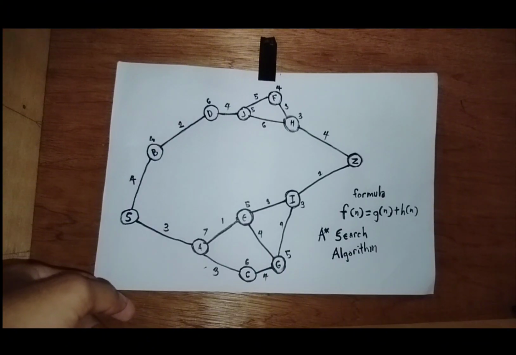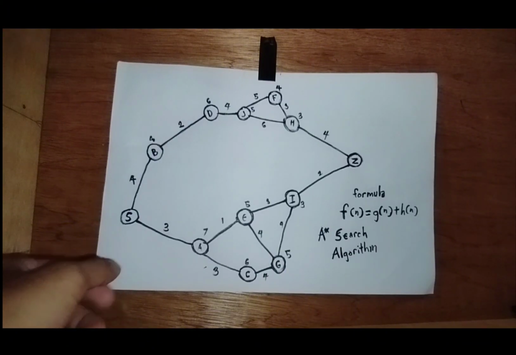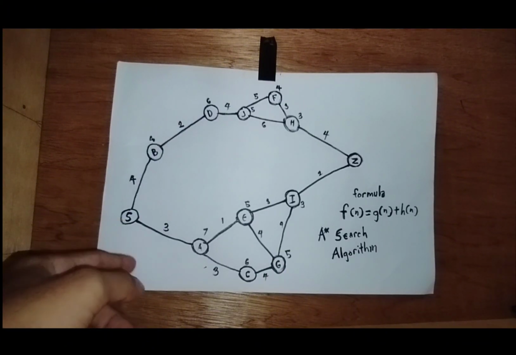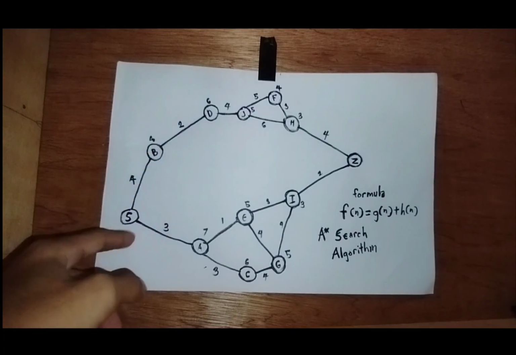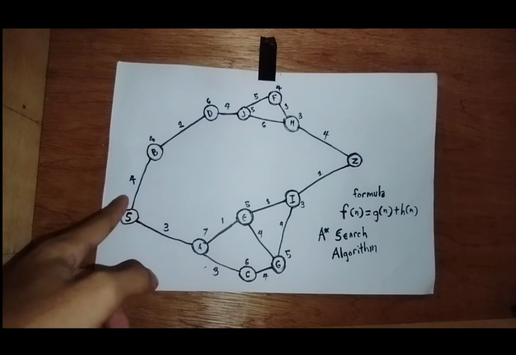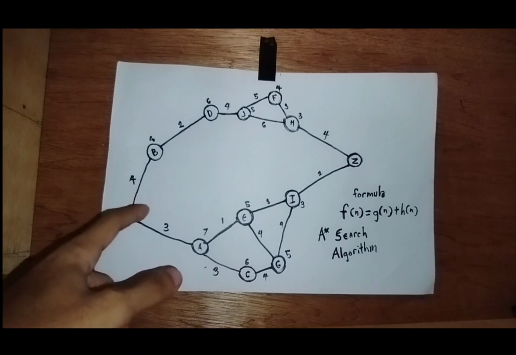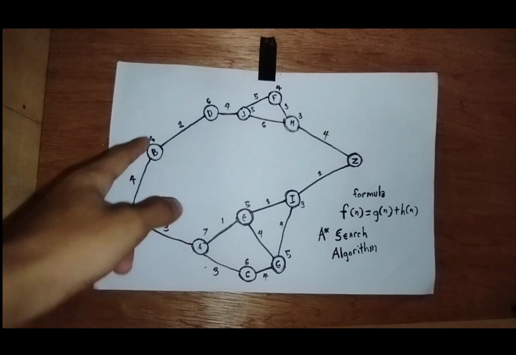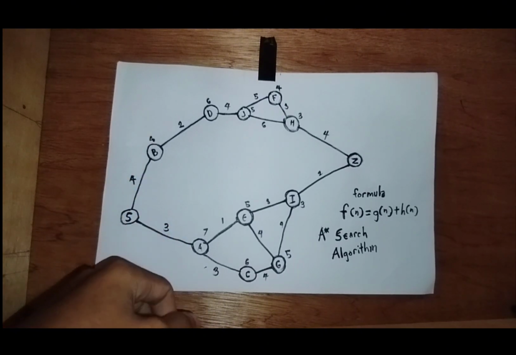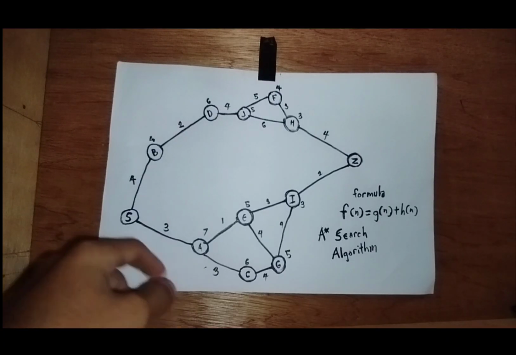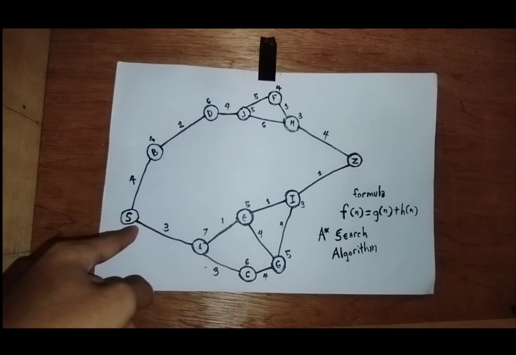So, let's start. Let's try going to B. S to B path costs 4 and B costs 8. 4 plus 8 is equal to 12 points. How about the A route?